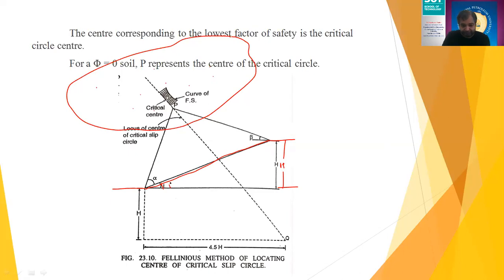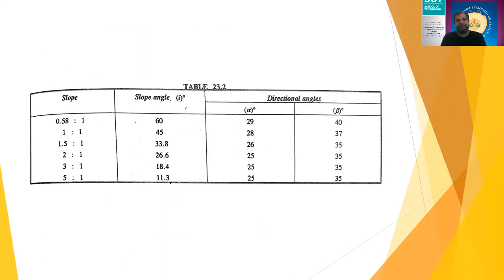So you plot it, first drawing this particular slope with some angle. Now, in this method, certain guidelines have been given, so there is a directional angle given. For example, suppose you have a slope angle. Various slope angles have been given, like 60 degree, 45 degree, 33 degree, 26 degree, 18 degree, and so on. For these, the directional angles alpha and beta have been given. For example, for a slope of 1.5:1, alpha and beta are 26 degree and 35 degree.